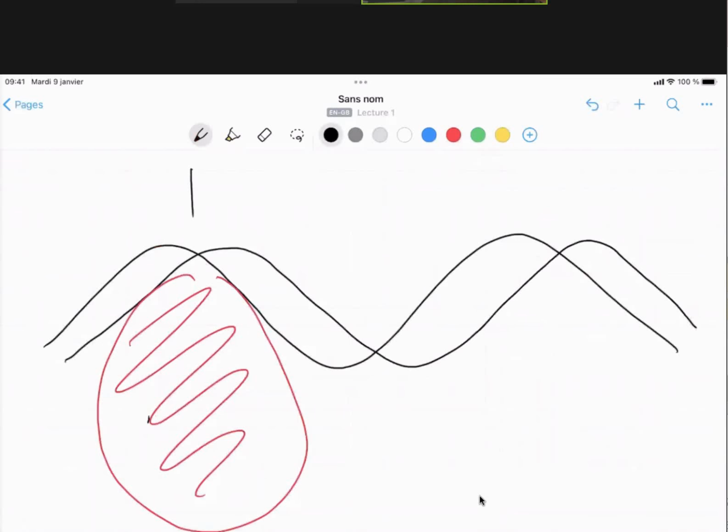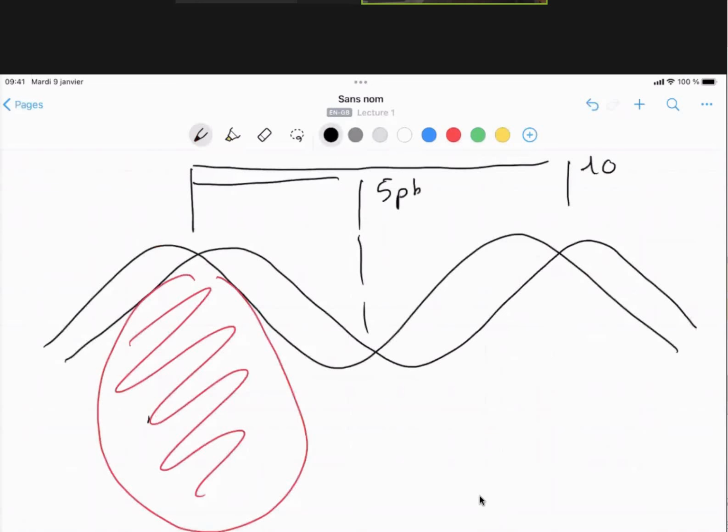So from here to here it's 10, but from here to here in the middle, it's 5 base pair. So if two sites of interaction are separated by 5 and not 10, it means that the two proteins are in interaction, but on two different sides of DNA. Do you understand? It's on the other way.